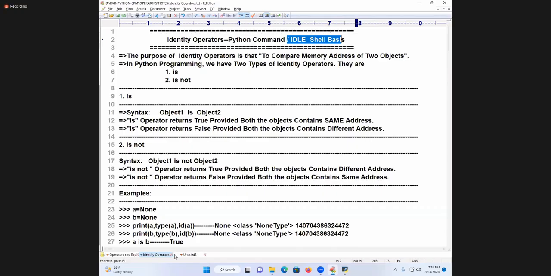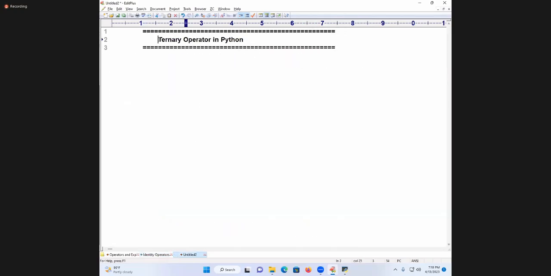Now I am going for the ternary operator in Python. Look at that now. Python programming contains a ternary operator, like other languages. What do you mean by ternary? Ternary means 3.